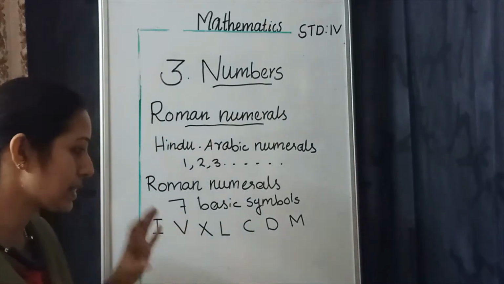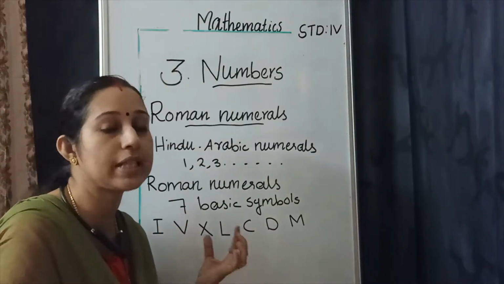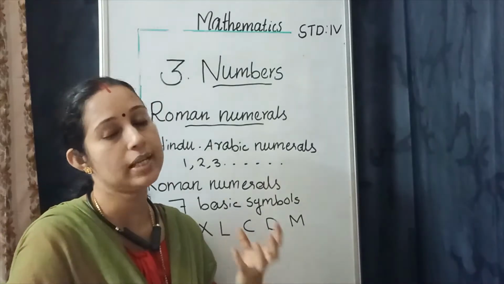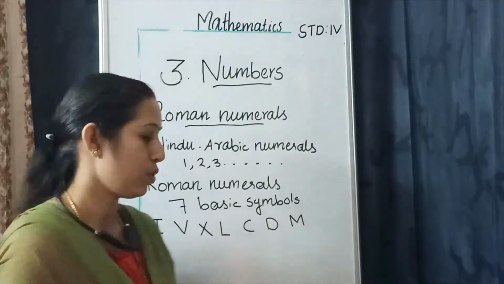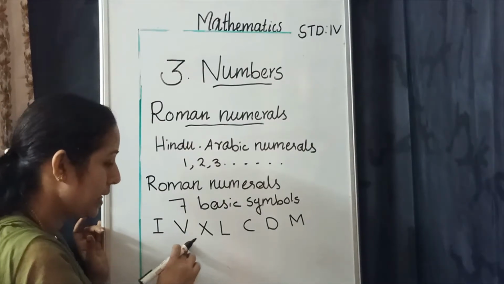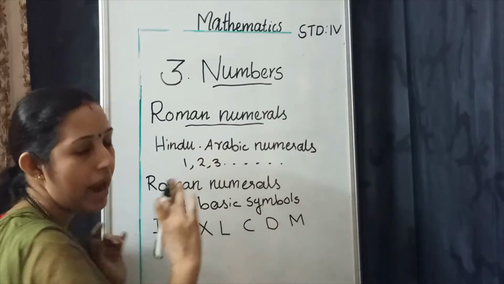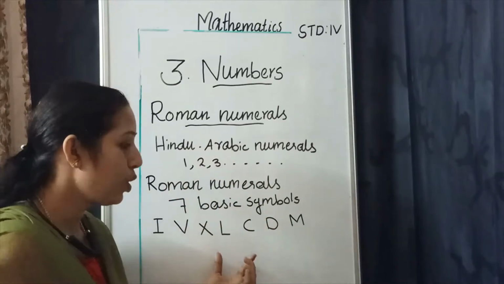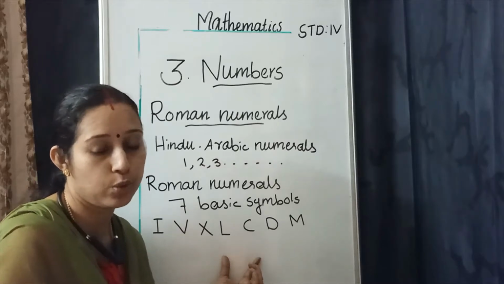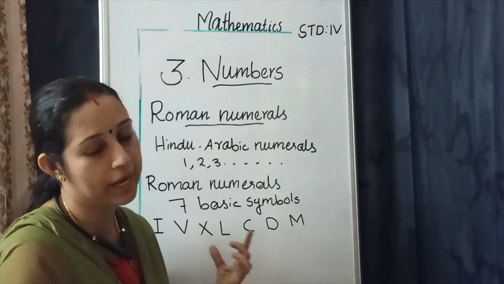With the help of these 7 symbols, they write the other numbers also. So the 7 basic symbols are I, V, X, L, C, D and M. This Roman numeral system is not based on place values.